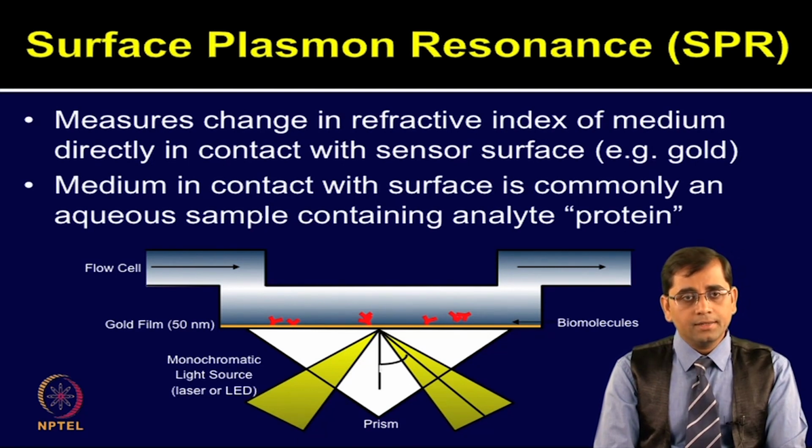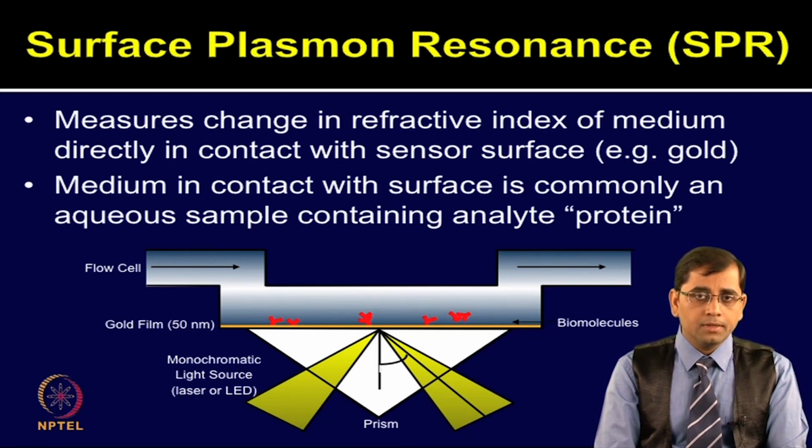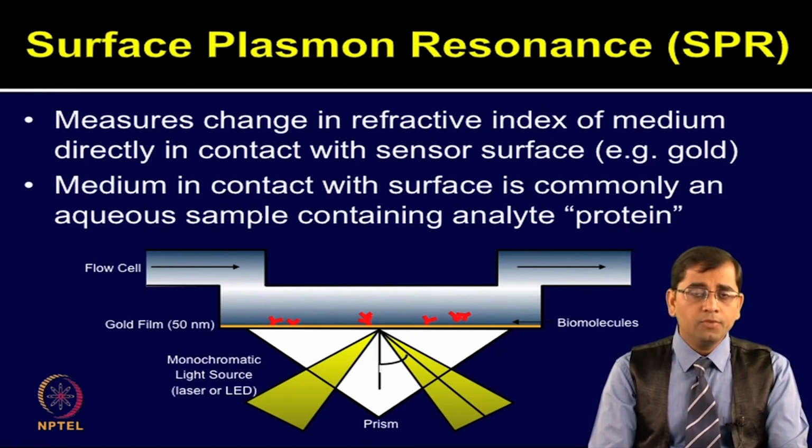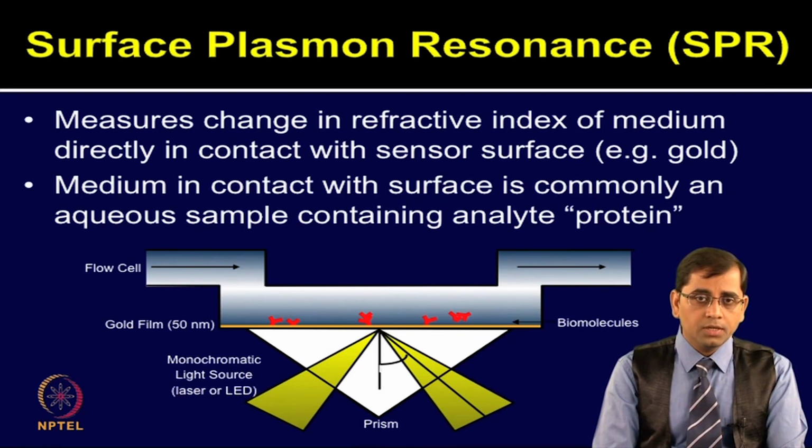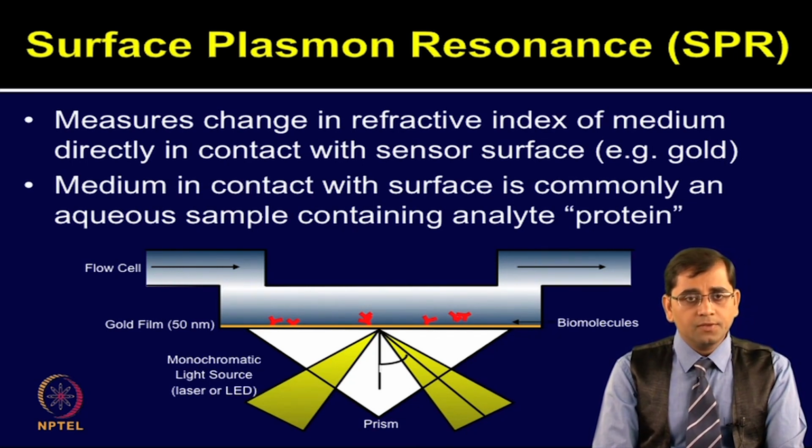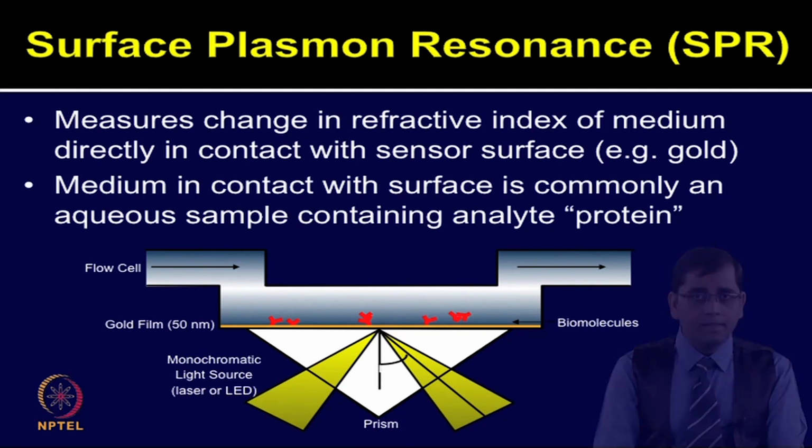As shown in the slide, there is a prism, a light source, an antibody immobilized on the gold surface, and a flow cell from which we can inject the target proteins to be studied. The medium in contact with the surface is commonly an aqueous sample containing the analyte protein.